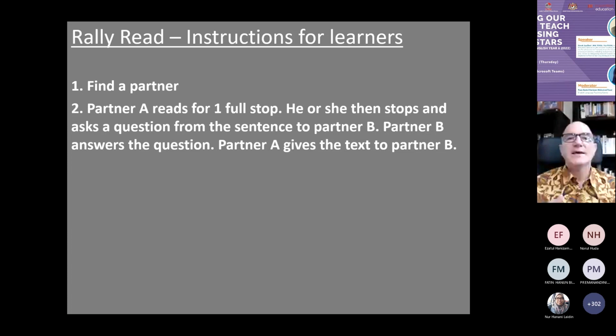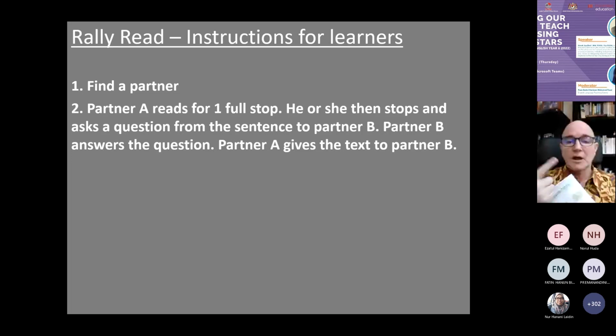Partner B then answers the question. Partner A will check it, say, yes, partner B, you are correct, you answered my question. And then partner A gives the textbook to partner B.